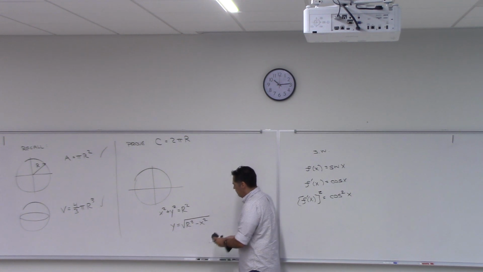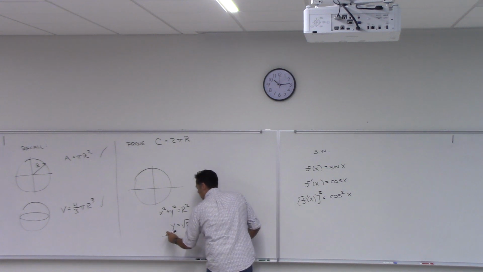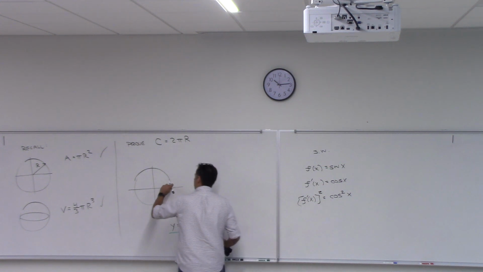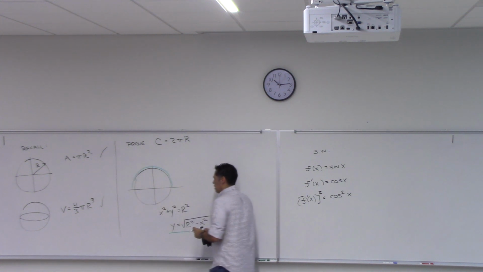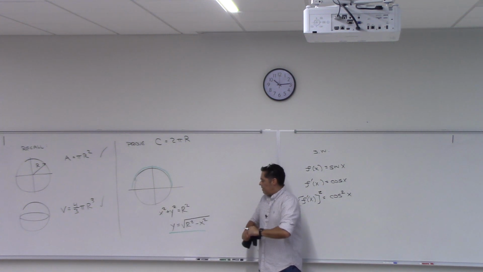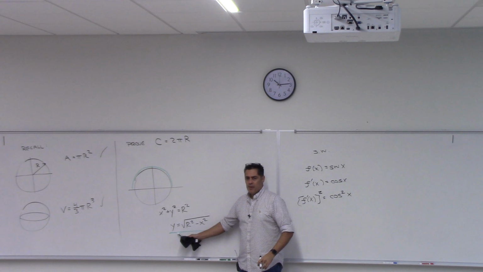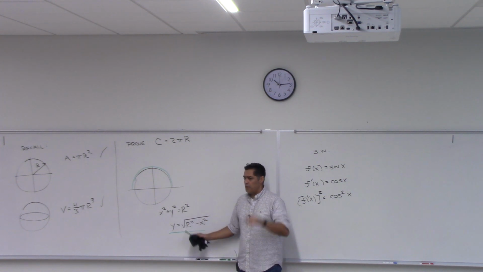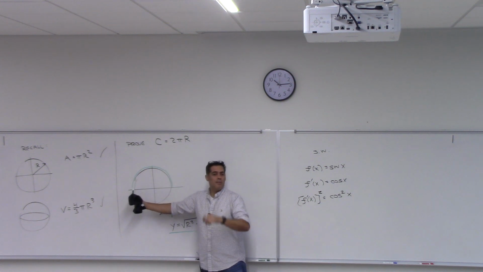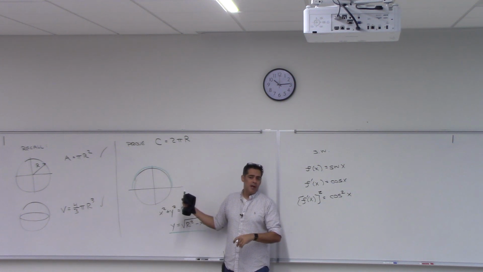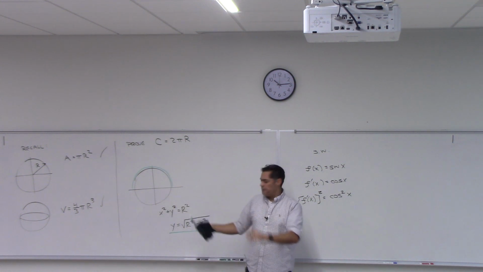This is the function that draws the top half of the circle. Now, that's me just solving for y, right? And remember when you take the square root, there's plus or minus. The plus draws the top half of the circle, the minus draws the bottom half. We just looked at the top half though.